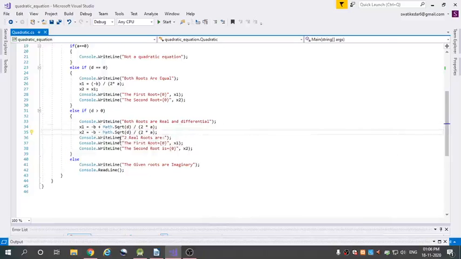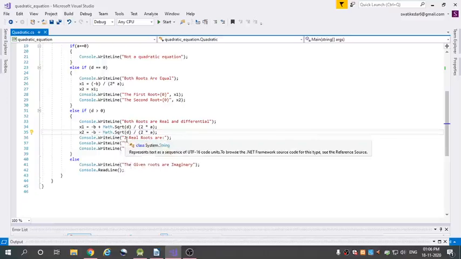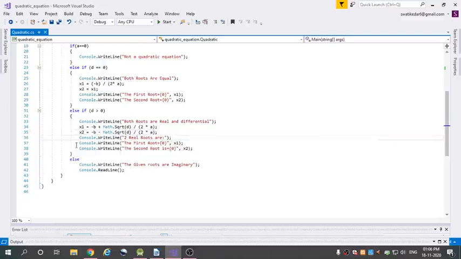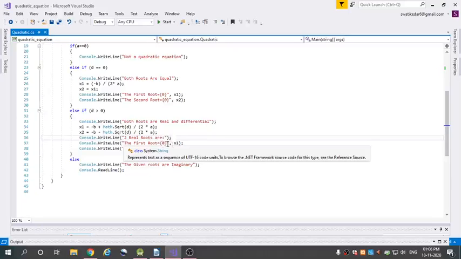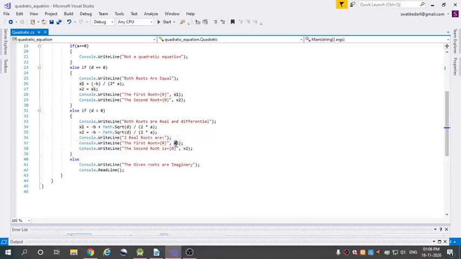After that it prints on the console "two real roots are". After that it prints the first root 0, instead of this 0 x1 value will be printed on the console, and after that the second root is 0, instead of this 0 x2 value will be printed on the console.